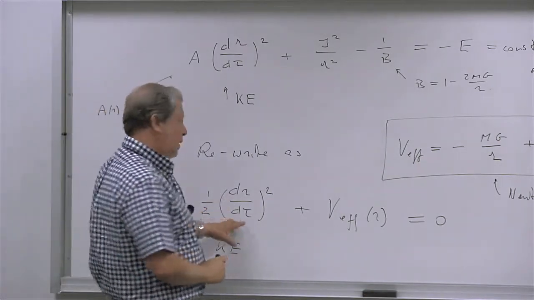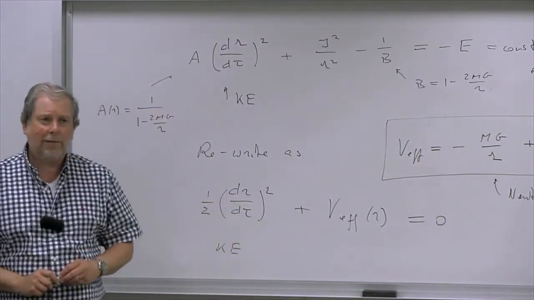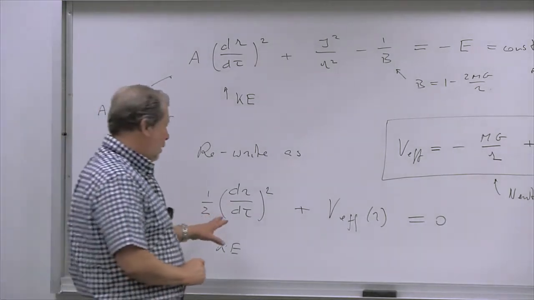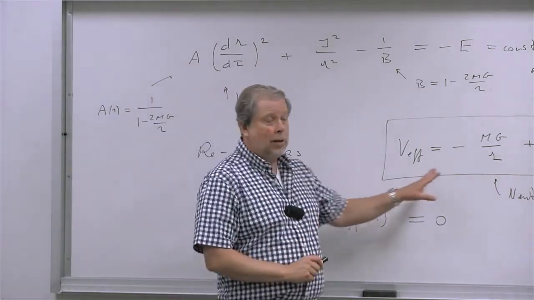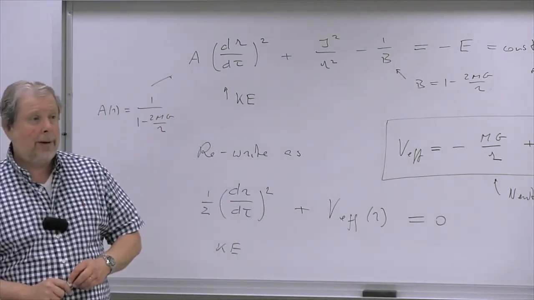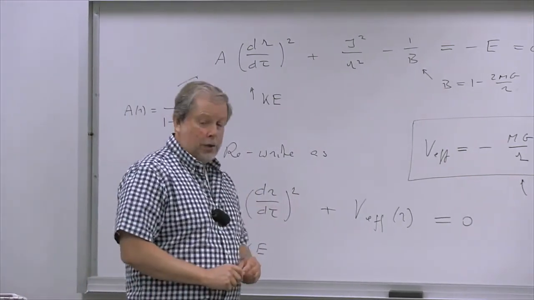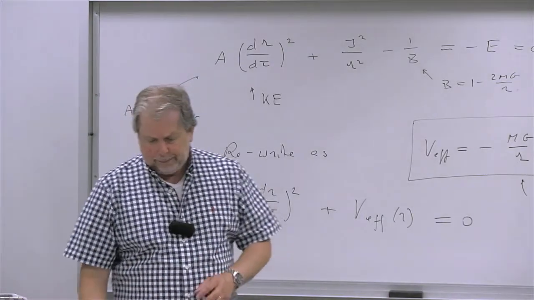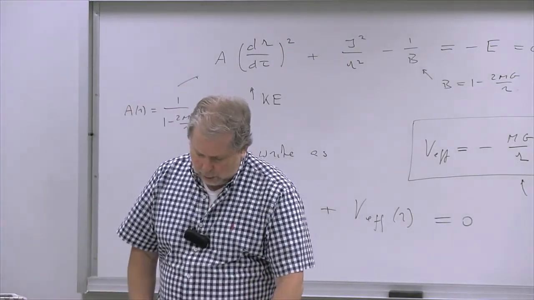Well, of course, here s is the proper time, so there's a little bit of a difference. But if we ignore this little aspect of having the proper time here, the potential is just changed by one term. And the new term is this j squared term. And so that's quite remarkable.